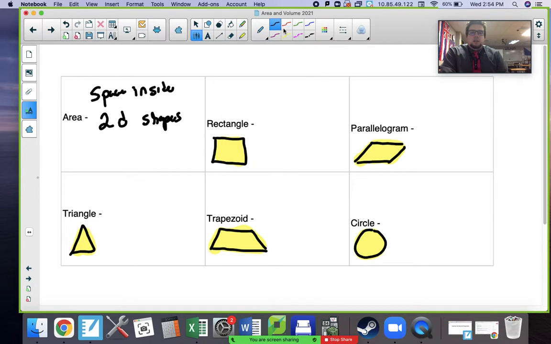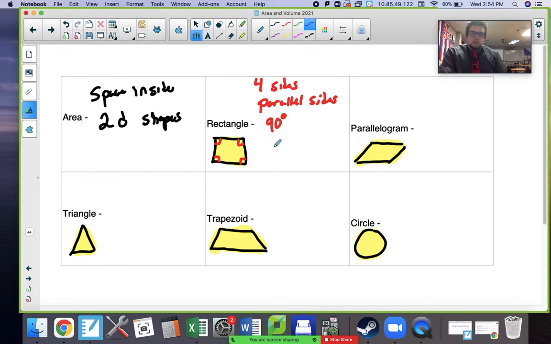Rectangles are determined, their definition is that they have four sides, parallel sides, and that their angles are all 90-degree angles all the way around the shape.